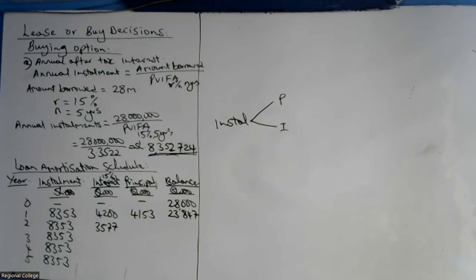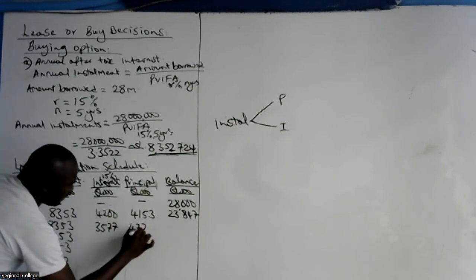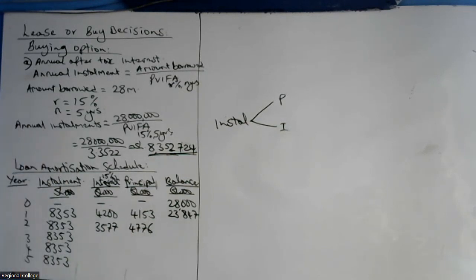Installment minus the interest, 4,776. What about the end balance, the loan balance? Beginning loan balance minus the principal of year 2.